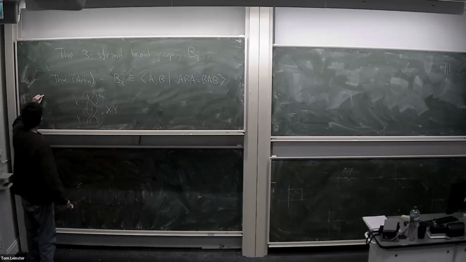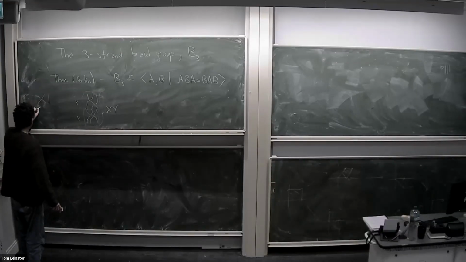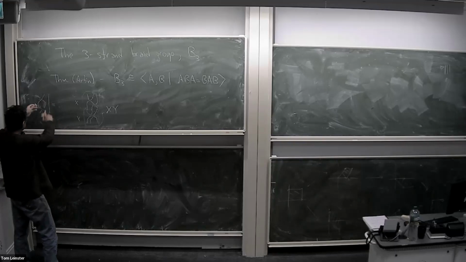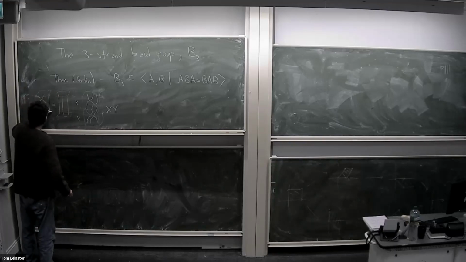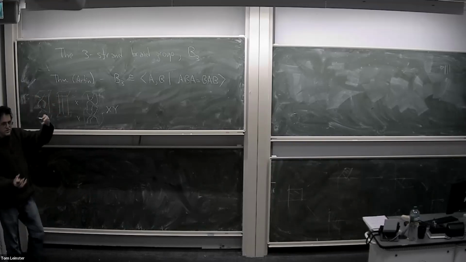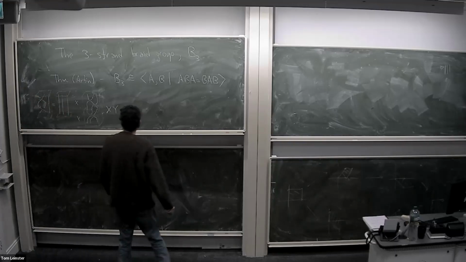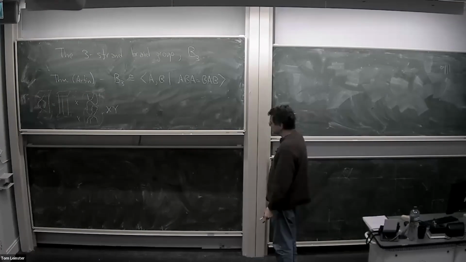For example, this braid here would have an inverse, which consists of crossing the first two strands in the other way, because you can wiggle these strands around without crossing each other to straighten them out. And then you get the identity element. So the identity element of the group is this braid here. If you stick it on top of something, it doesn't change anything. So that's the idea of what the three-strand braid group is.